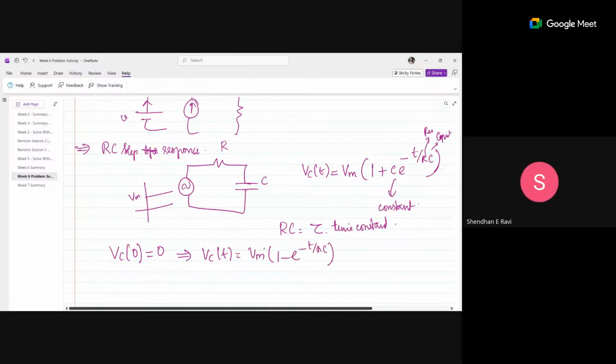If they have not given it, you have to find C and use it. Ma'am, to find the value at a specific t, or to find t at a specific voltage, they have to give a second condition, right? They can't directly use the initial condition to find a final time or a final voltage. No, you can't use it. Okay, ma'am.